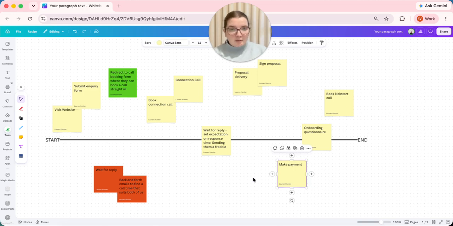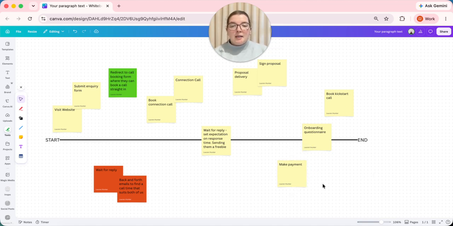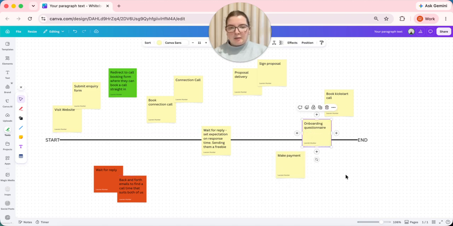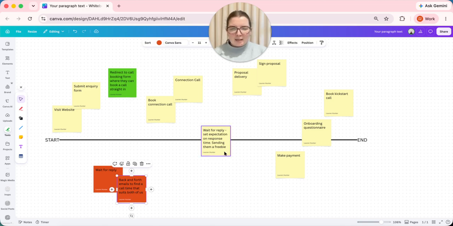If people have to part with their money, that is always going to be a slightly negative sort of experience, but we can look at how we can bring them up, how we can make them a better experience, and we can do that through systems, and we can do that through really thinking about the client along the journey and avoiding too many back and forth emails, avoiding like long wait times and things like that to help this journey along.